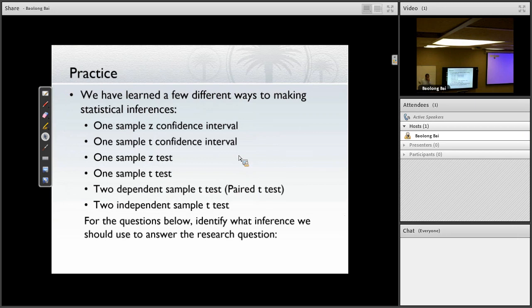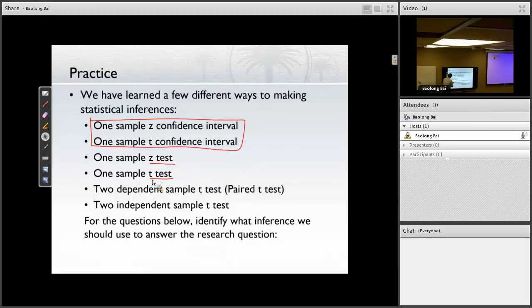So for all the different kinds of inferences from chapters 14, 15, 18, and 19, we have learned quite a few different procedures. For confidence intervals, we have two: either a Z confidence interval or a T confidence interval for a one-sample problem. Then for hypothesis tests, we have the one-sample Z test, the one-sample T test, and then two samples.